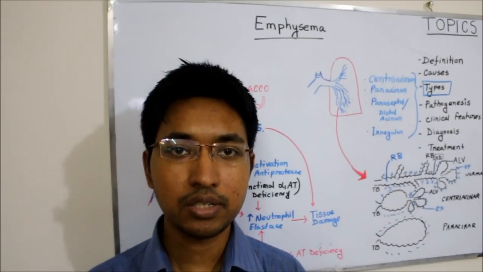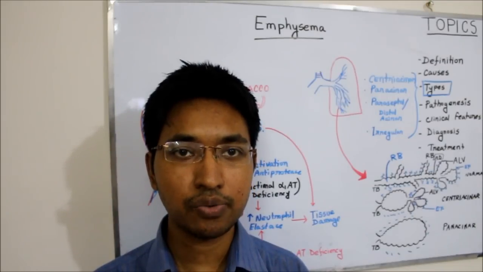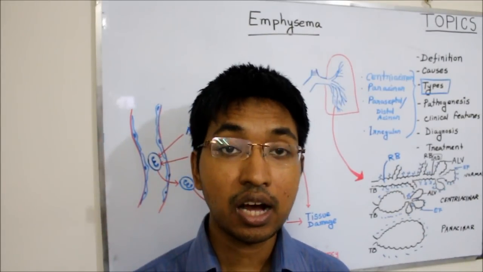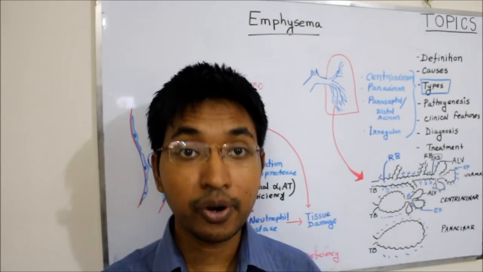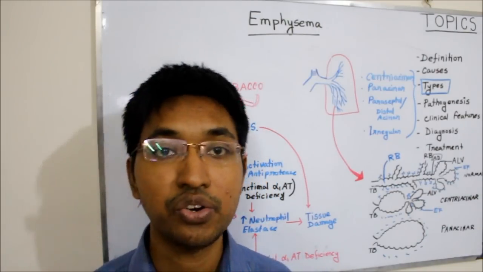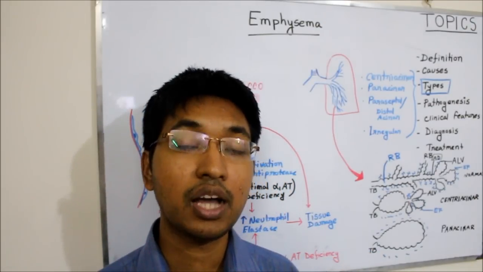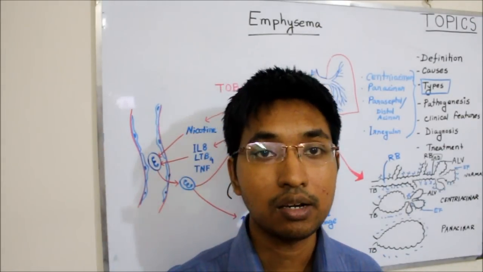The third point is the heart will be vertically oriented in the chest x-ray finding, and since the lungs are hyperinflated, it will depress the diaphragm, and so the fourth point that we will see in chest radiograph is depressed diaphragm due to hyperinflation of the lung field.